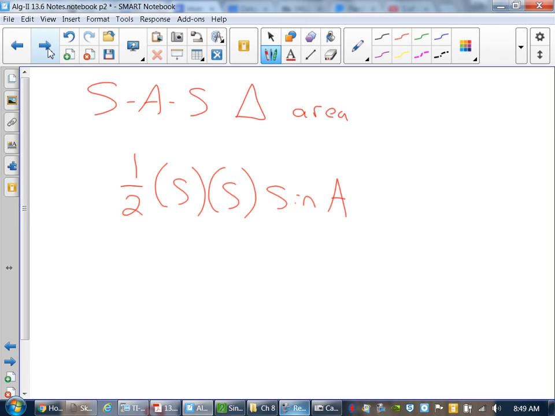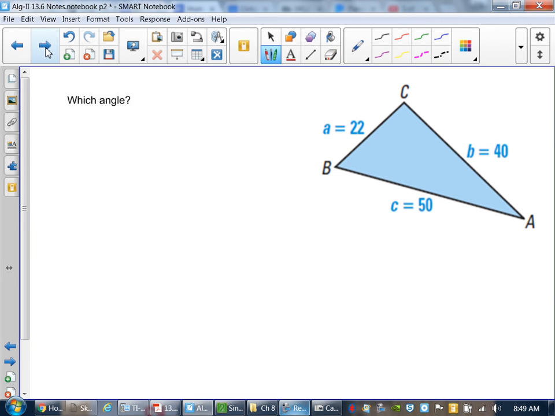So here's what I would do. If I have this triangle ABC and I have sides of 22, 40, and 50, which angle should I find to use the side angle side case? C. Okay. And I would just set it up.